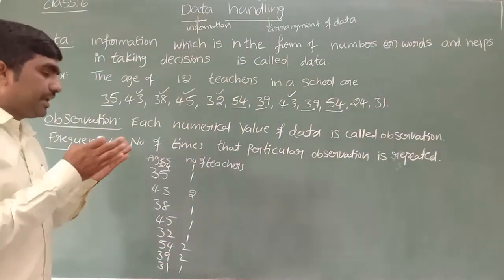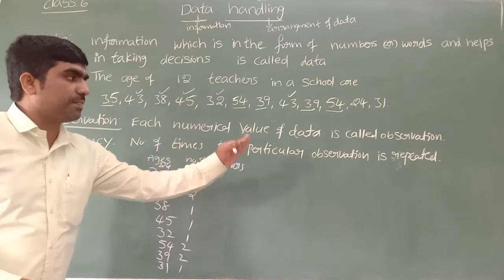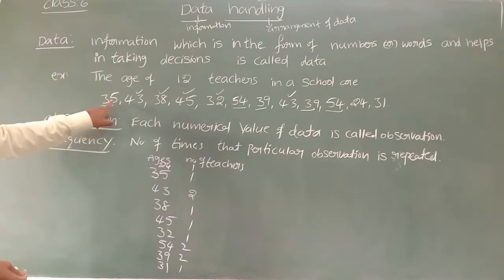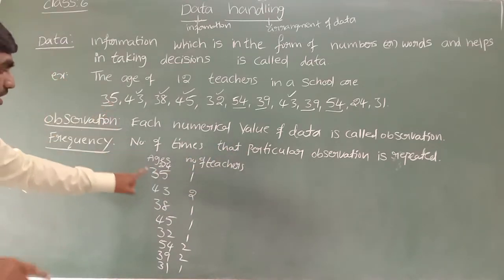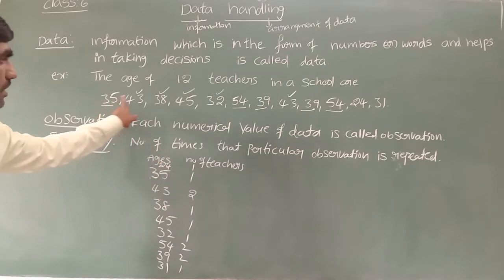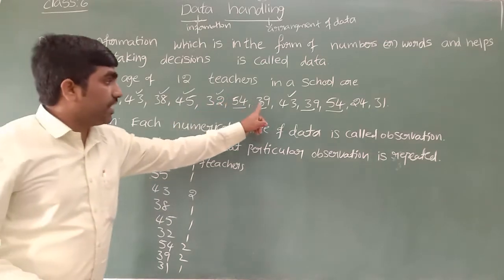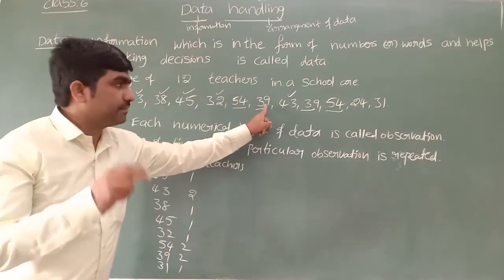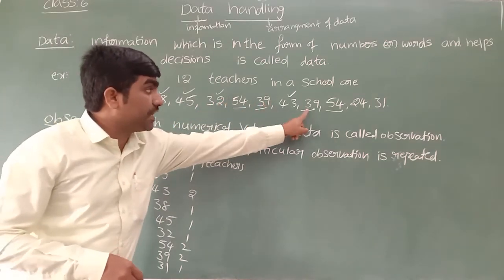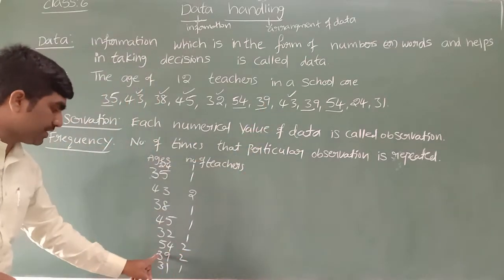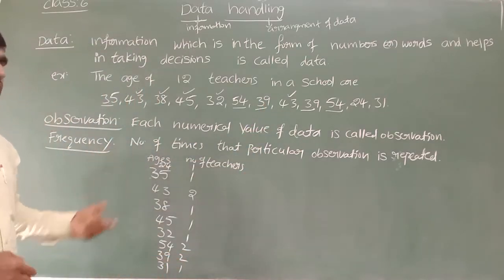I can say the frequency of 35 is only 1, because 35 is the age repeated only once. The frequency of 39 is 2, because 39 is the age repeated 2 times.